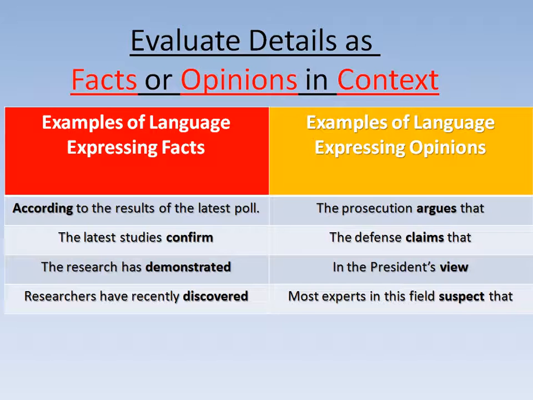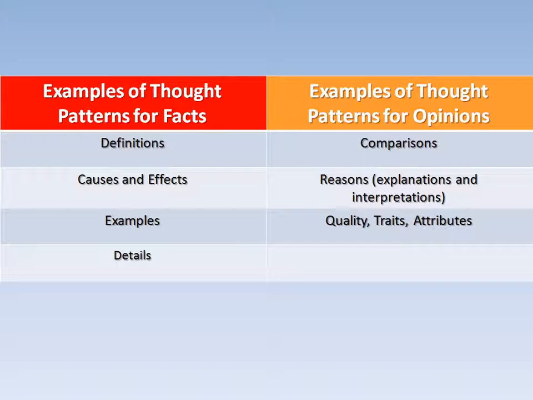And the defense has a viewpoint as well. And the next one states, in the president's view, that's an even greater perspective, another perspective. Most experts in this field suspect that. These are examples of language that expresses opinions.